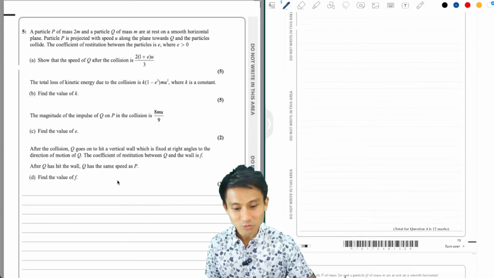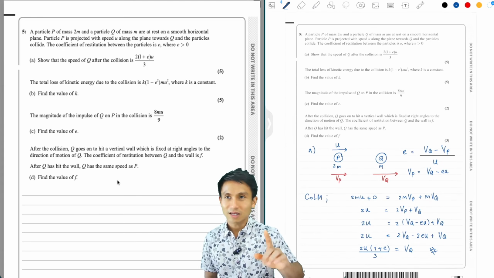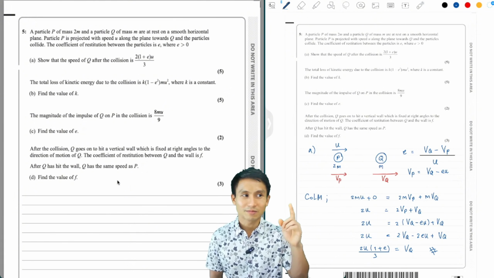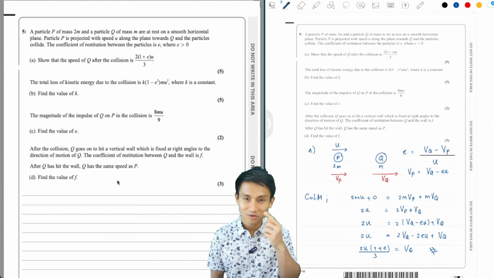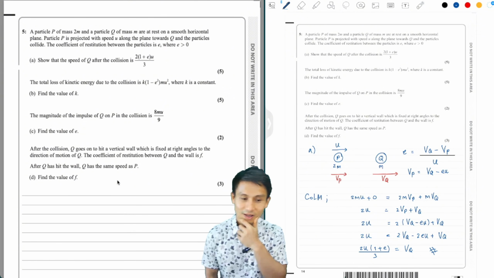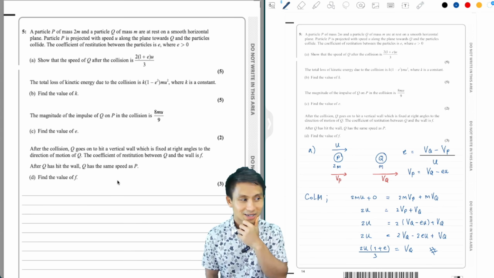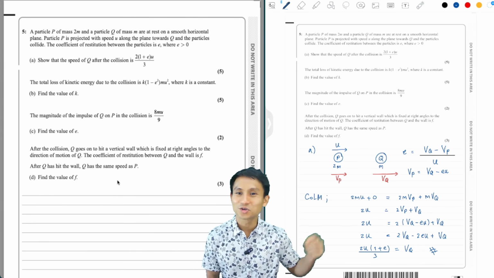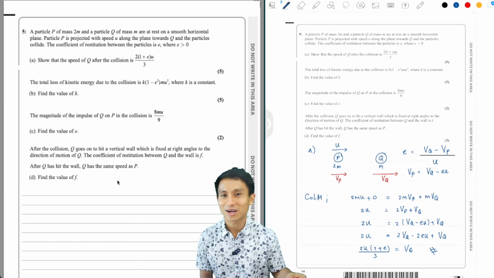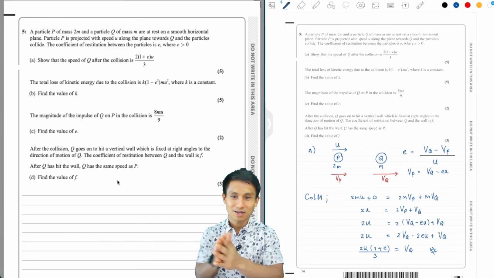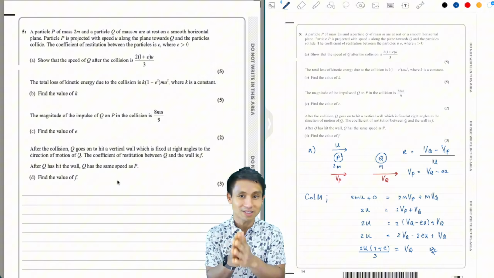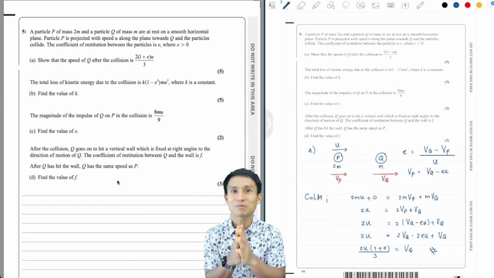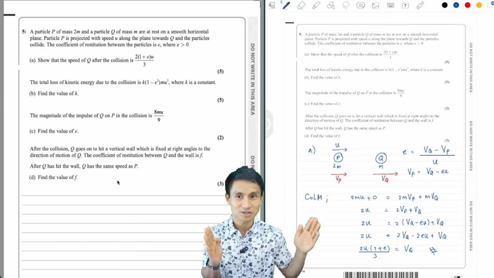Number 5. Yeah, this one in other years, I walked through like 3 years already on M2 as of the time of recording. And I found that this question usually took my marks away, right? They were tricky because this is easy. This is relatively easy. Usually, a hard paper would have come with like consecutive collisions.